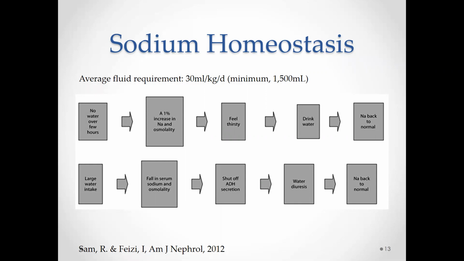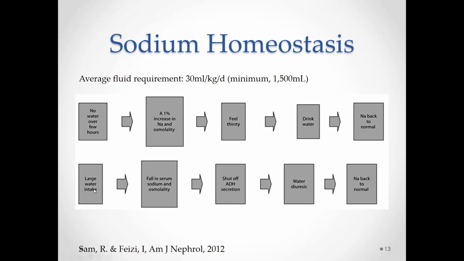As little as 1% can trigger the hypothalamus to release ADH and also increase the feeling of thirst. We are triggered to drink water, and then the osmolality will come back.